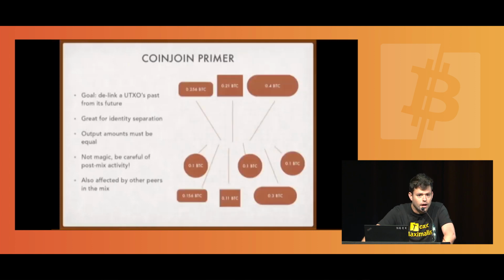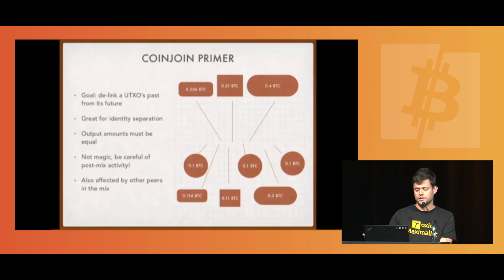So let's start with a COINJOIN primer. You can see a badly drawn diagram of a COINJOIN transaction. On the top are 3 inputs. Those are 3 different entities, and the 3 inputs have different sizes and different shapes because they have different histories and the amounts are different.